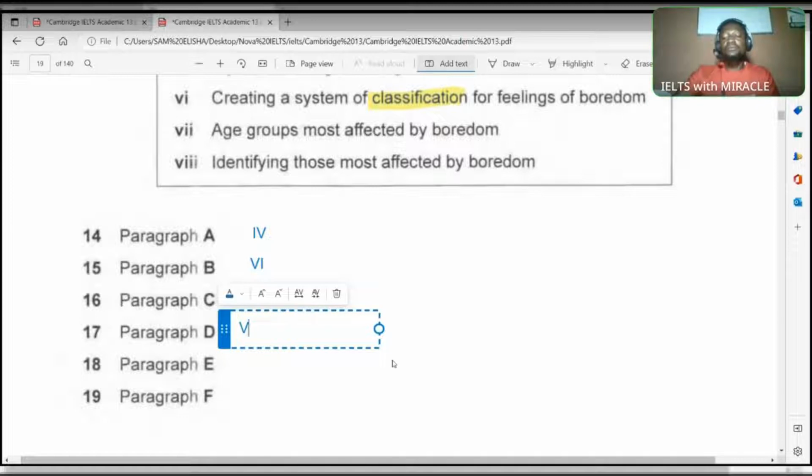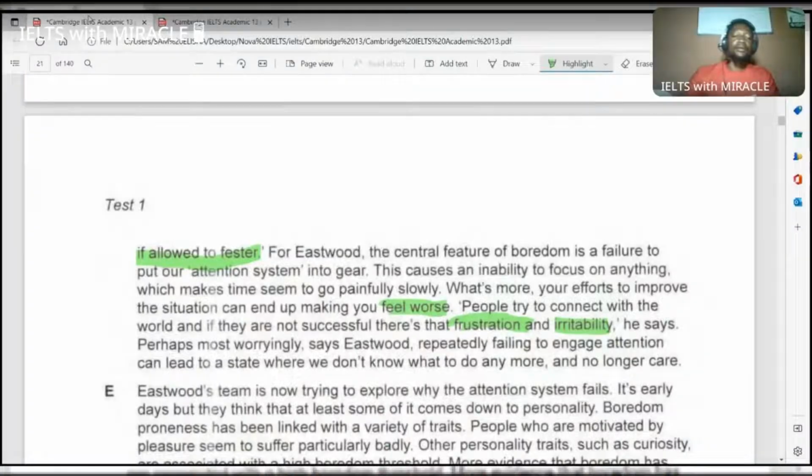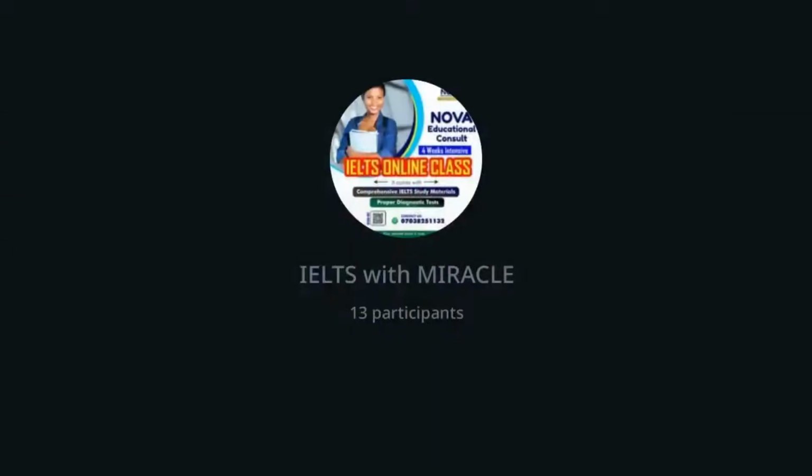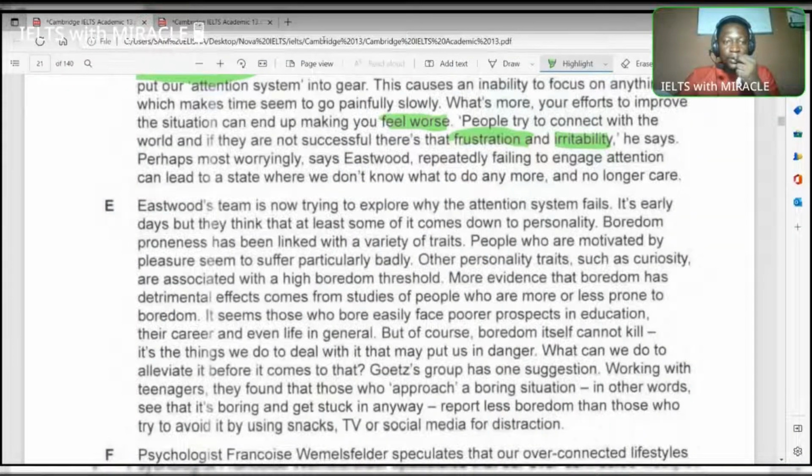Then paragraph E. Paragraph E. Eastwood's team is now trying to explore why the attention system fails.